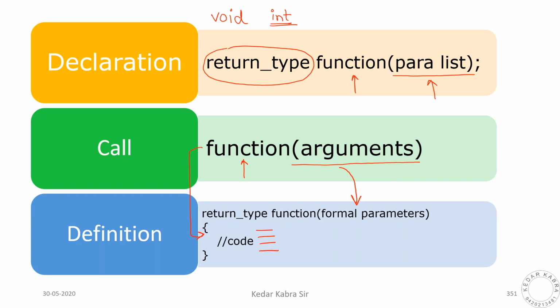We have already discussed in the function chapter that local variables of any function are not accessible to other functions directly. For that, we use parameters to share data among functions. Let me explain. Suppose there is function main and we have created an integer variable x, then this is the local variable of function main.